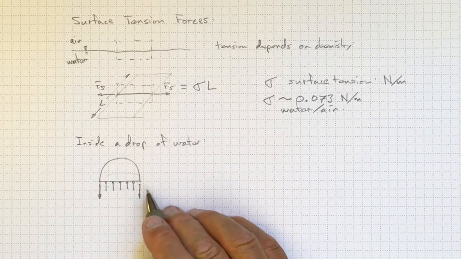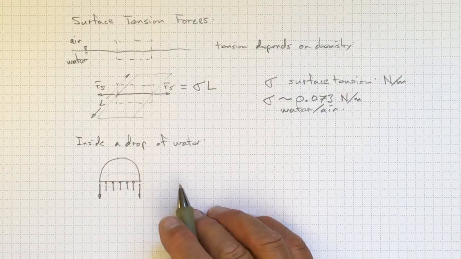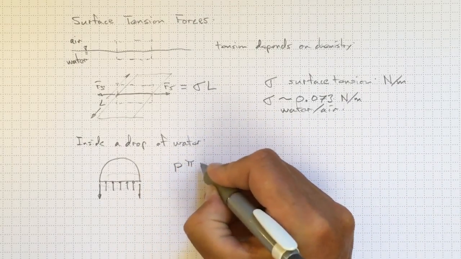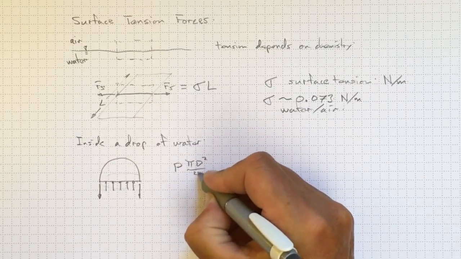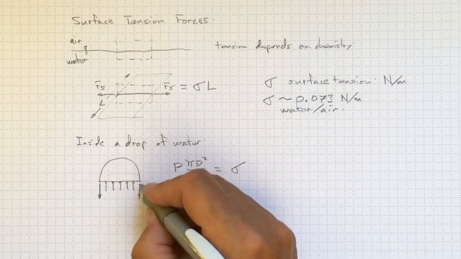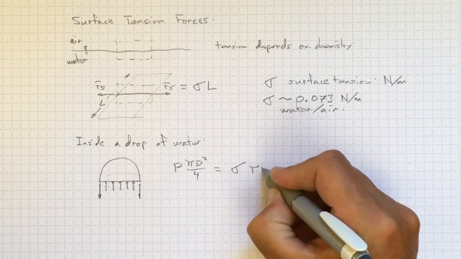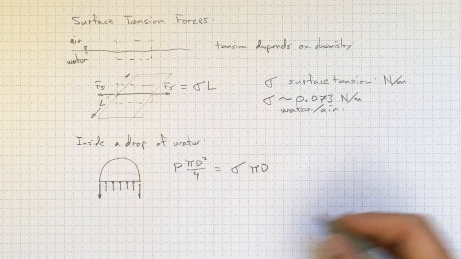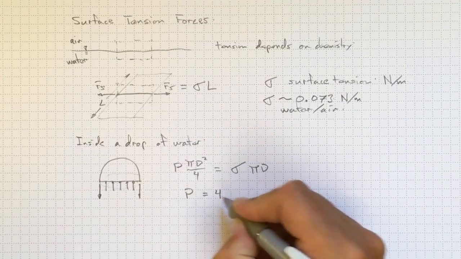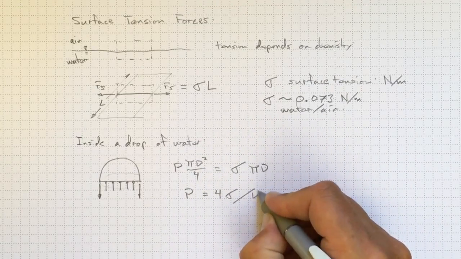And those forces will be in balance unless that drop is changing its shape and deforming. So pressure times the cross-sectional area, pi d squared over 4, must be equal to surface tension times the circumferential length, pi d. If we rearrange that, we'll get that the pressure inside that drop will be equal to 4 times sigma divided by d.